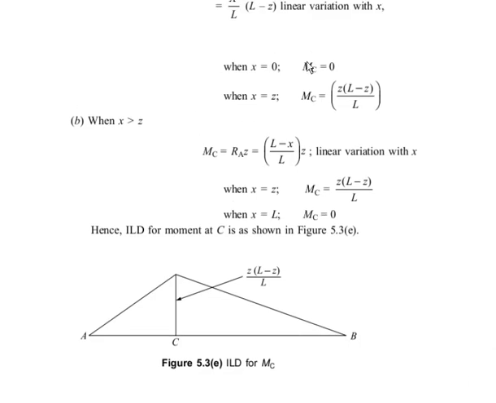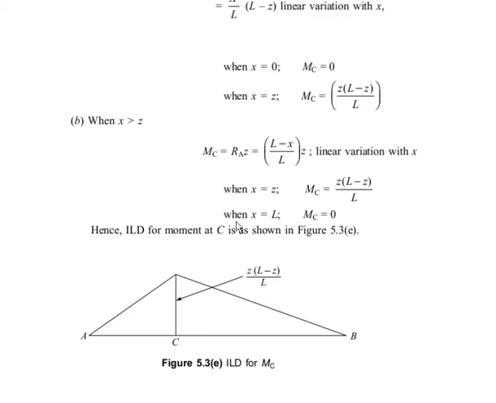So when you combine all these conditions, we can complete the influence line diagram for moment at C. When x is equal to 0, moment at C is equal to 0, that is the ordinate at A. When x is equal to z, the moment about C is equal to z into L minus z by L, that is the ordinate at C. In the second case also, moment about C is equal to z into L minus z by L, that is this ordinate again.